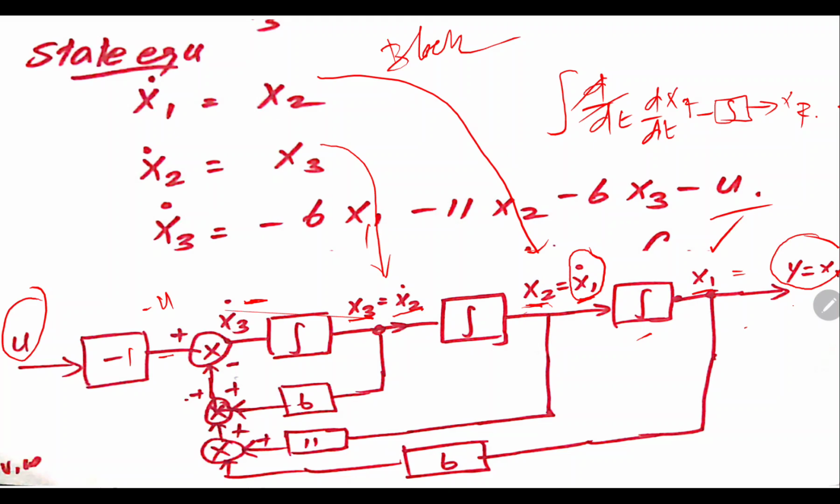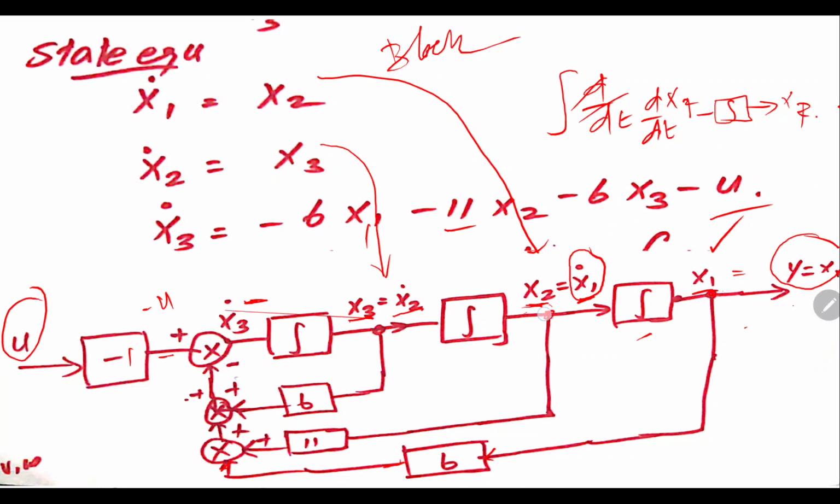Now I need x1 multiplied by -6. So I am just taking a lead from the output y, that is y is equal to x1, and I am multiplying with 6. Then I am going to take x2 and multiply with 11.